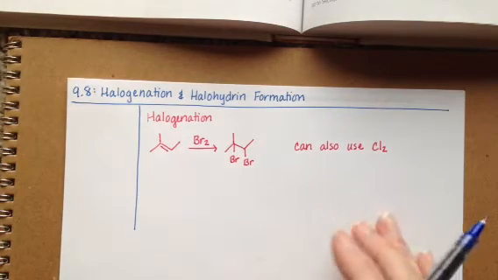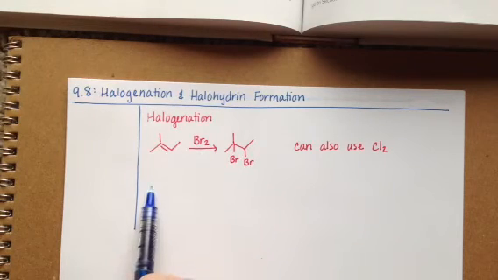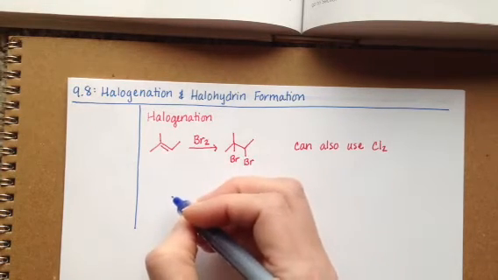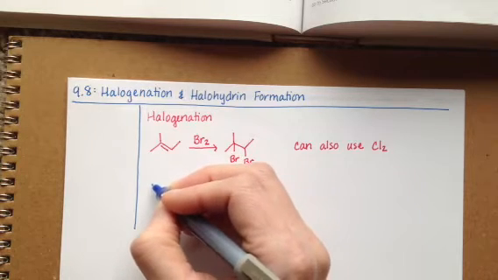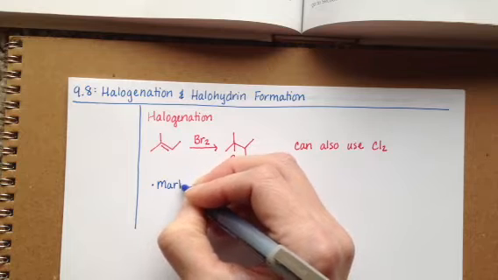Considering the three variables that we've been considering for all addition reactions: Markovnikov versus anti-Markovnikov, the stereochemistry, syn versus anti, and then rearrangement of a carbocation. For this particular reaction, Markovnikov does not apply because we don't have hydrogens at all.